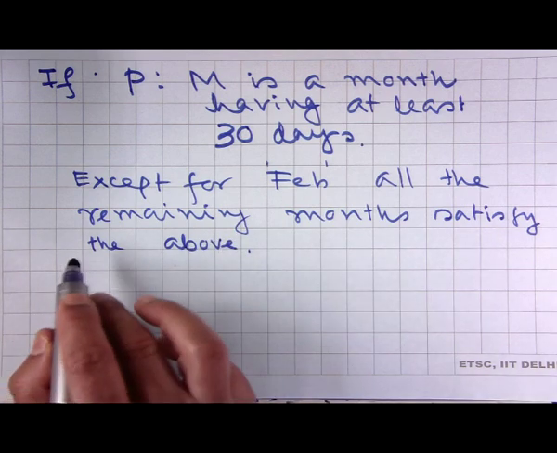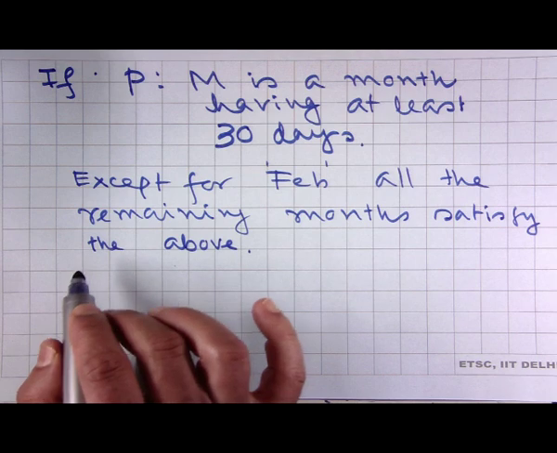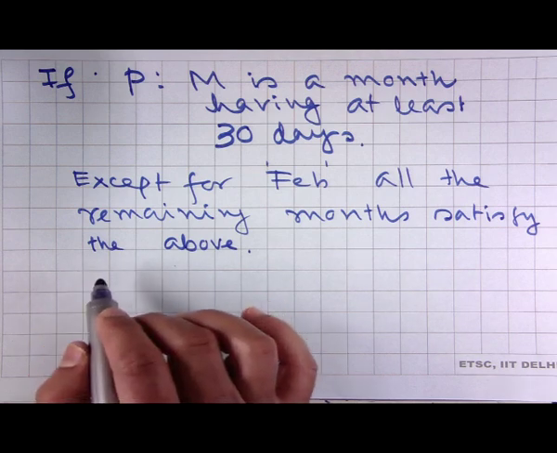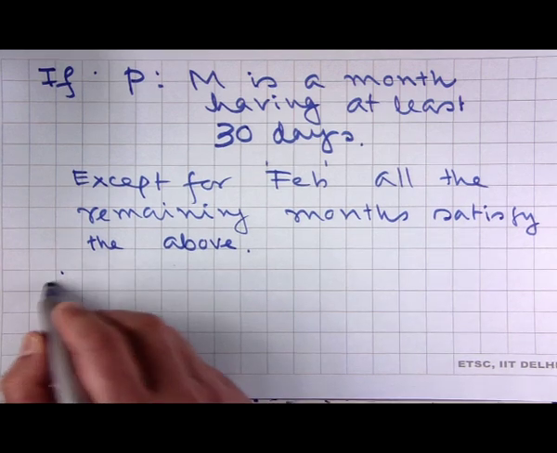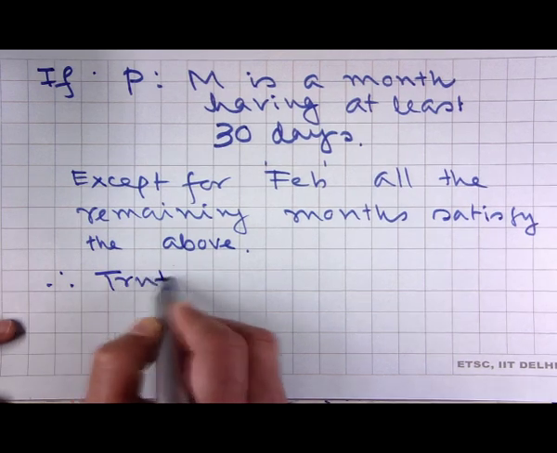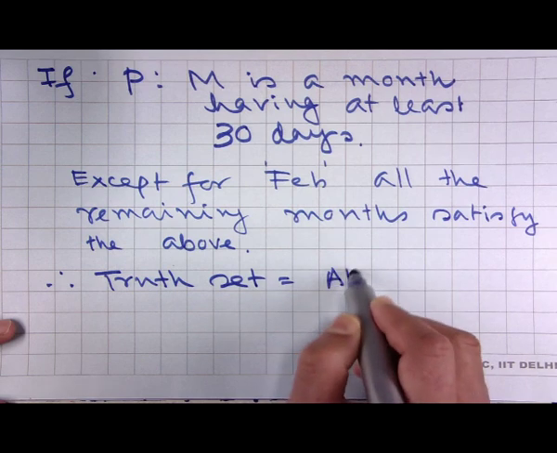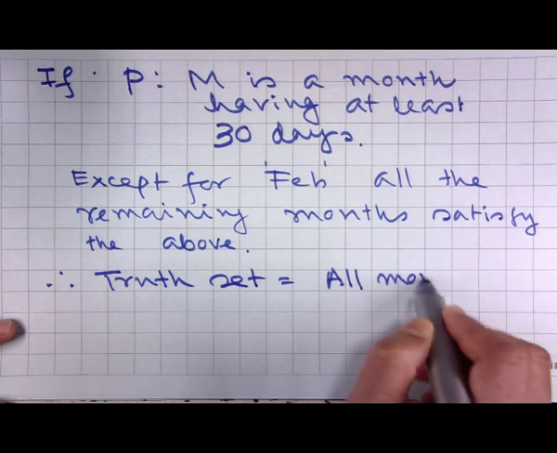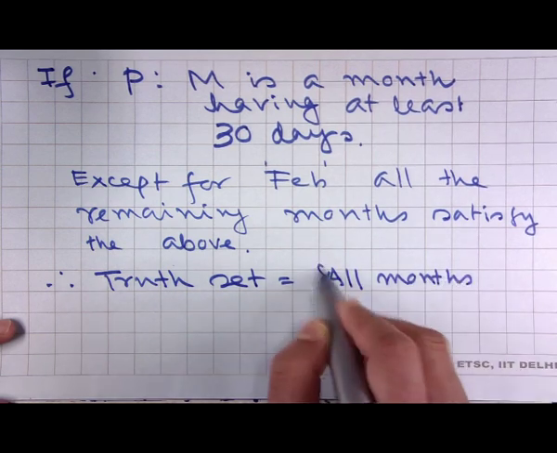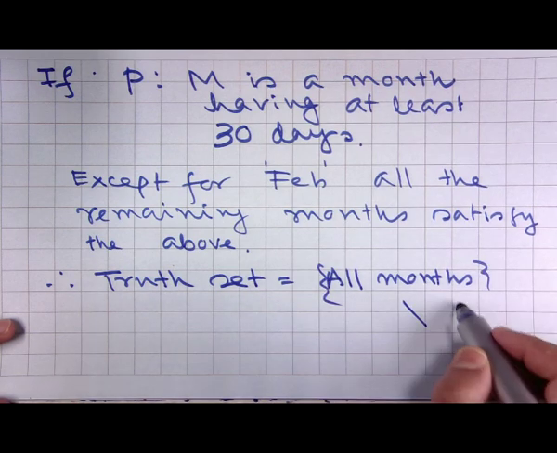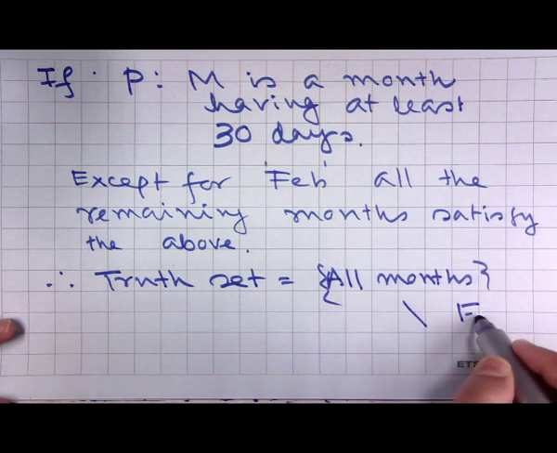Therefore, the truth set is all the months minus February. Okay? So, it is the set of all months minus singleton February.